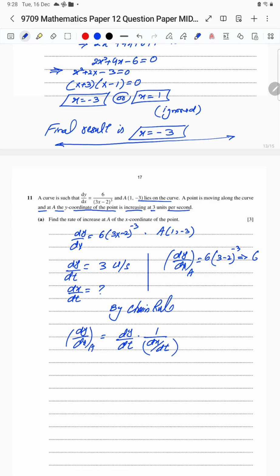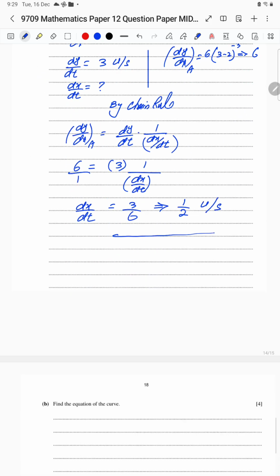So value is 6, it's 3, it's 1 over dx by dt. What we have to calculate, do the cross multiplication. dx by dt will be 3 by 6, that gives me answer 1 by 2 unit per second. That's my final answer for 3 marks of this part.